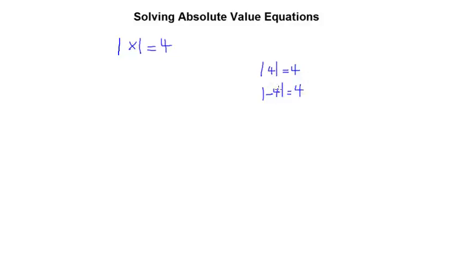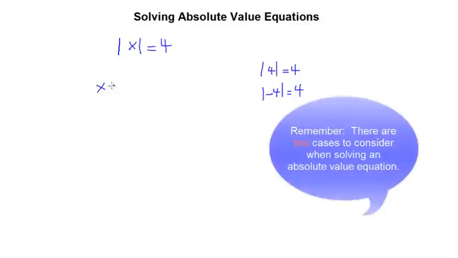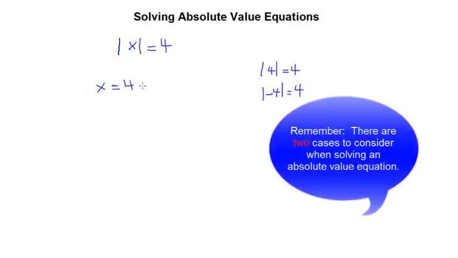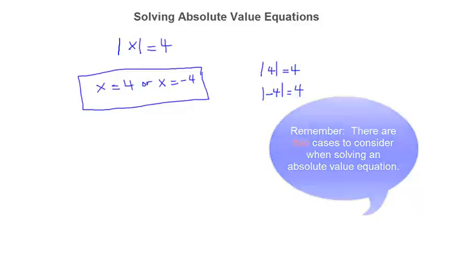Because both 4 and negative 4 are 4 units away from 0 on the number line. This means that there are actually two answers that x could be to make this equation true. x could be the number 4, or x could be the number negative 4. Hence, when we solve absolute value equations, we have to account for both cases, both solutions, the positive value of x and the negative value of x. All right, so let's actually now start those examples.